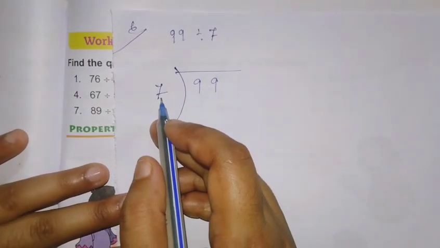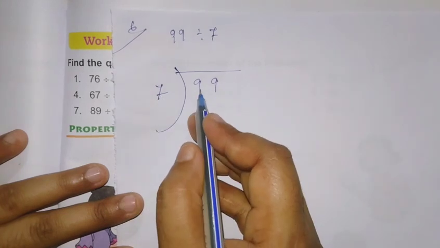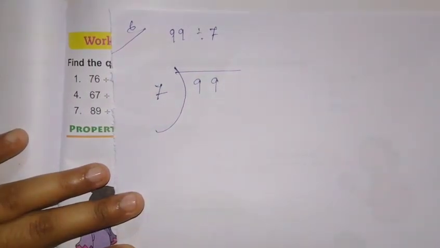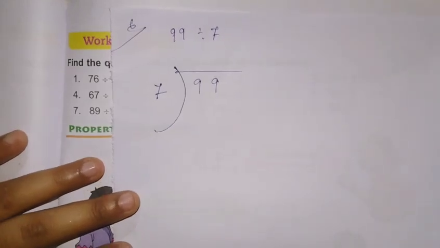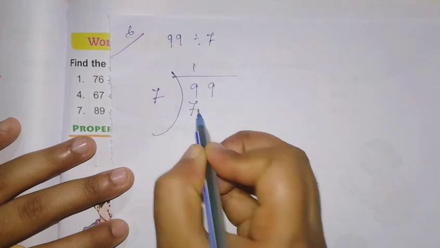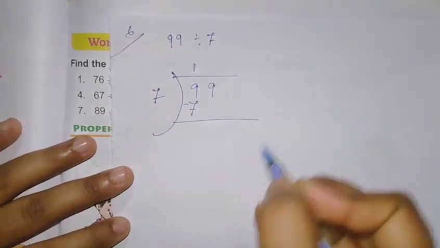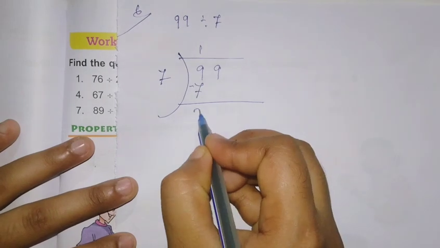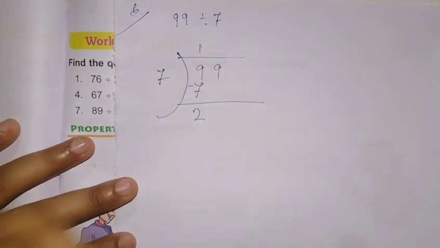First we recite the multiplication table of 7 till we get 9. We cannot find 9 in the multiplication table of 7, so the one just less than 9 is 7 1s are 7. Then we subtract the product from the dividend. Now 9 minus 7 equals 2. Then 9 is brought down.